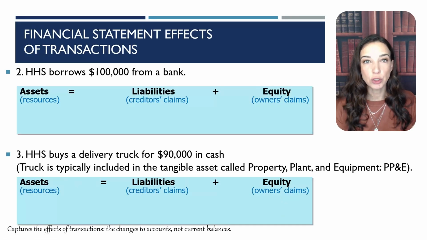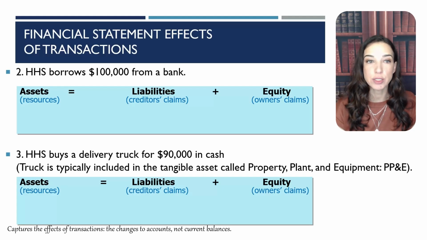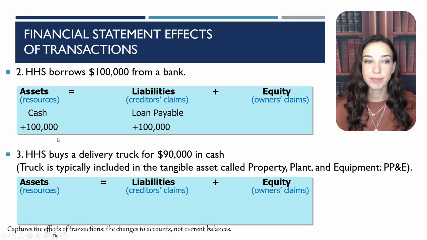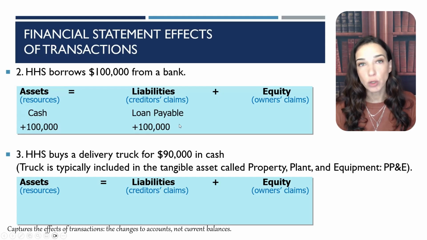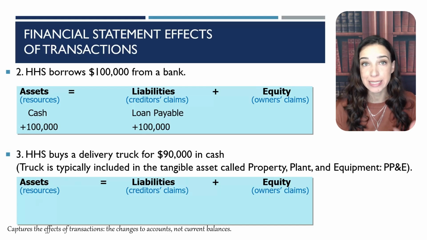Let's suppose that the owners say that's not enough money for us to start operating. In addition, we're going to do some debt financing. Hartford Hot Sauce borrows $100,000 from a bank. How does that transaction impact the financial statements? Well, we have cash that's coming in, $100,000, and now we have a debt that is created. I could have called this debt. I could have called this bank loan. Again, the language doesn't really matter as long as it is in line with the economic reality.